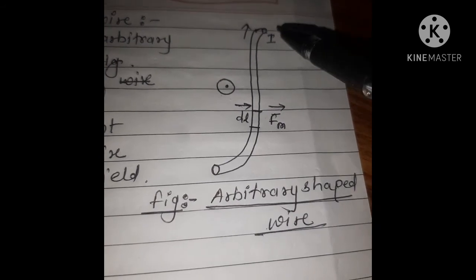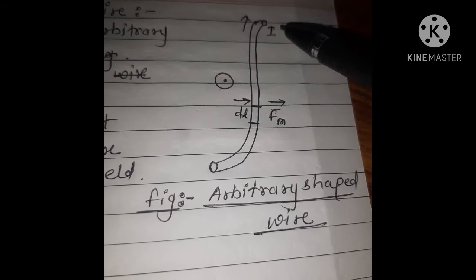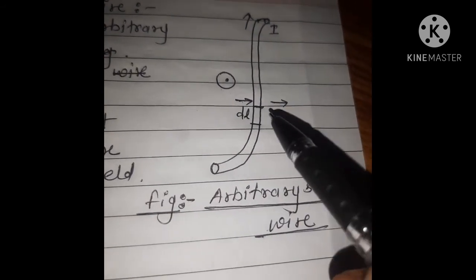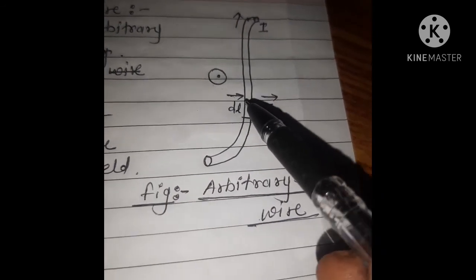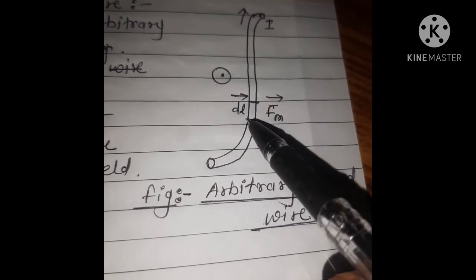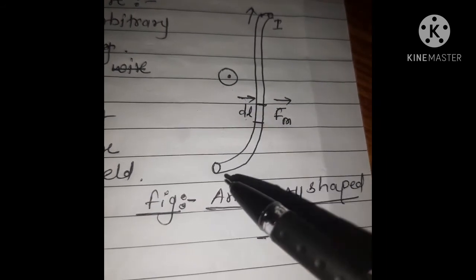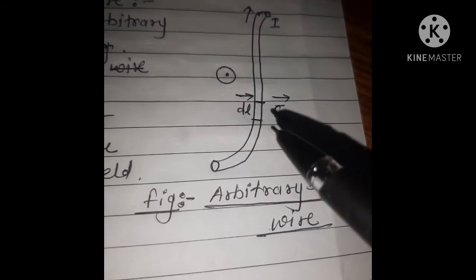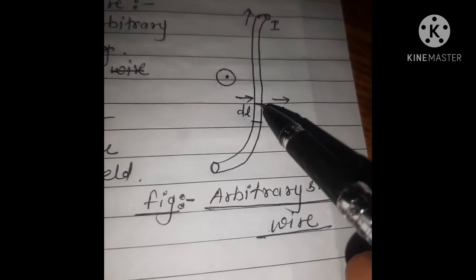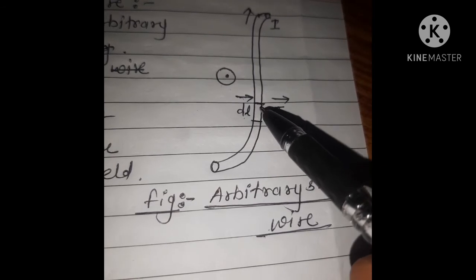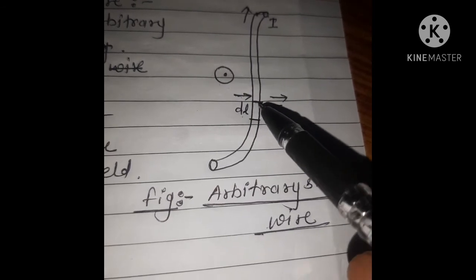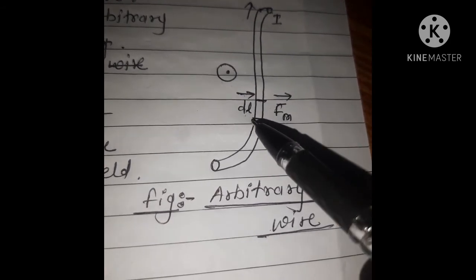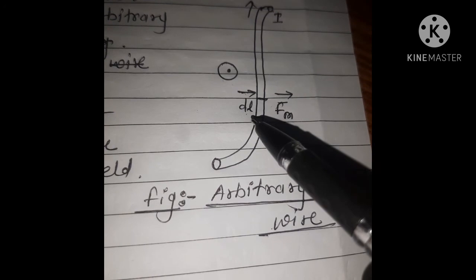To determine the magnetic force acting on this wire, consider a small segment dl along the length of the wire. We calculate the magnetic force exerted on this small segment dl, and that force is also small.